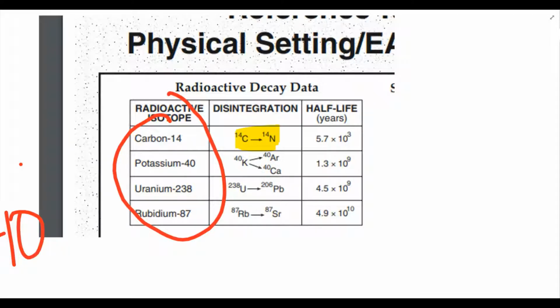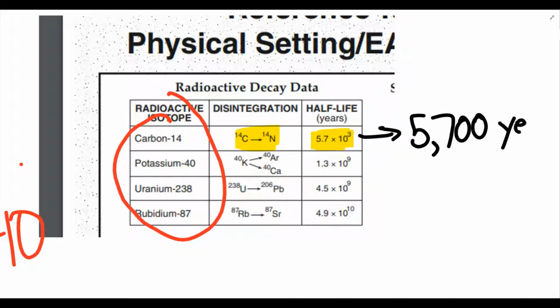So that means that carbon-14 is going to decay into nitrogen-14. And the reason it's radioactive is it happens on these half-lives. So carbon-14 is going to decay into nitrogen-14 using this 5.7 times 10^3 years. I'm going to frequently write that as 5,700 years. It's the same thing, just not in scientific notation.